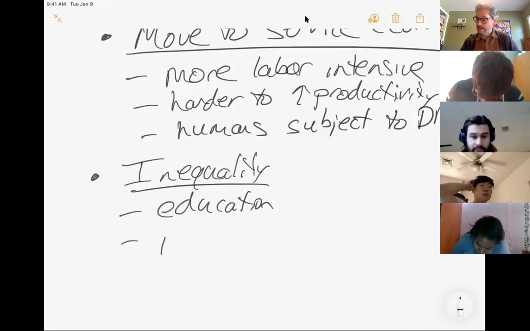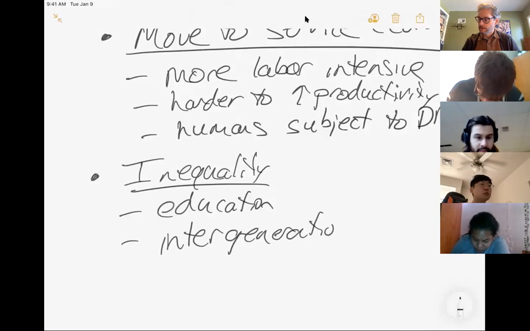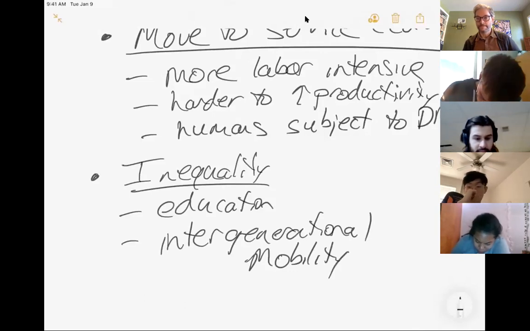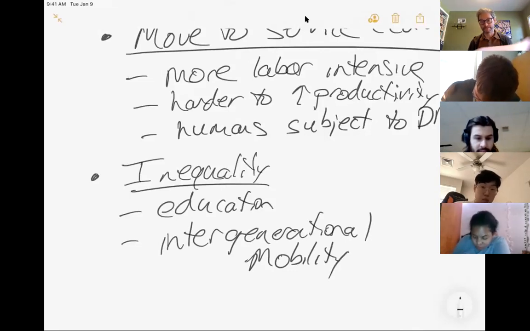Something else is intergenerational mobility. We see increasingly that poor people stay poor and rich people stay rich.